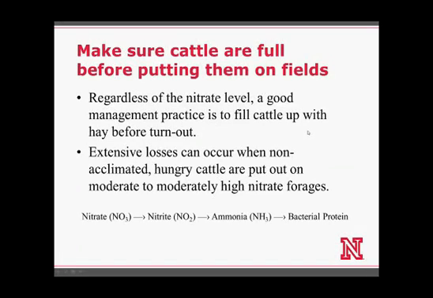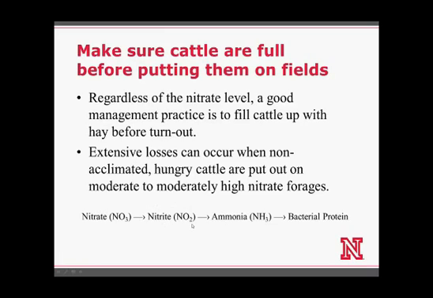The first management practice is making sure the cattle are full before putting them out on fields. This is a good management practice regardless of the nitrate level, because this slows down the intake of those cover crops initially to allow the rumen to get adjusted. Now our key thing is the rate of nitrate intake. The conversion of nitrate to nitrite in the rumen occurs much more rapidly than the conversion of nitrite to ammonia.